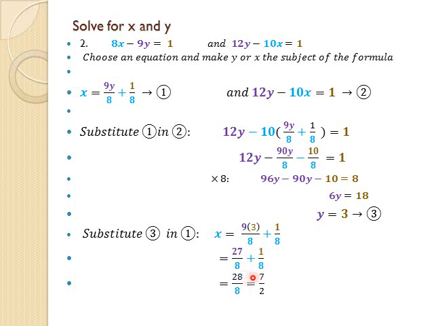And 4 goes in 28 7 times, 4 goes in 8 2 times. So that final answer, 7 over 2. So my solution, when y equal to 3, x must equal 7 over 2, not 7 plus 2.